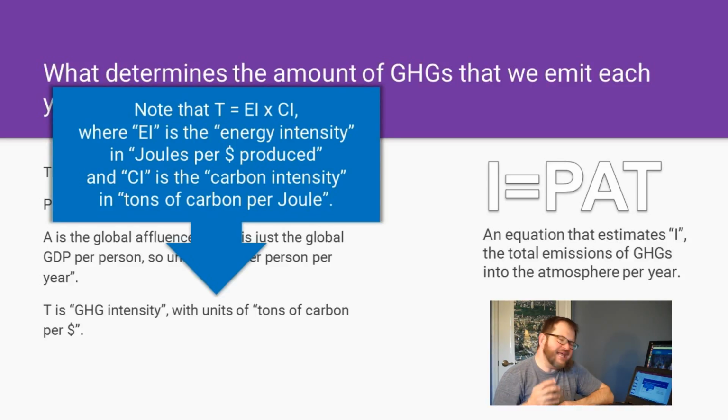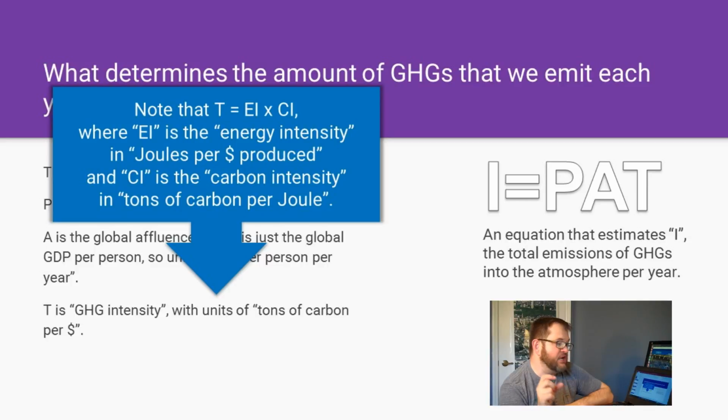Okay, so this figures out how much carbon is being emitted. That T is actually kind of a hard thing to think about, that amount of greenhouse gas emissions per dollar of economic production. It works better if you expand it into two other terms called EI and CI, where EI is the so-called energy intensity.